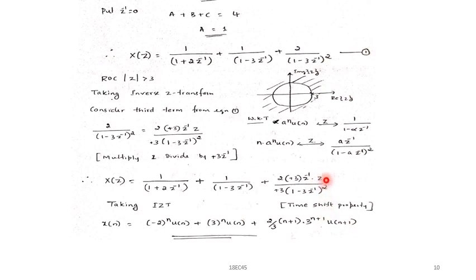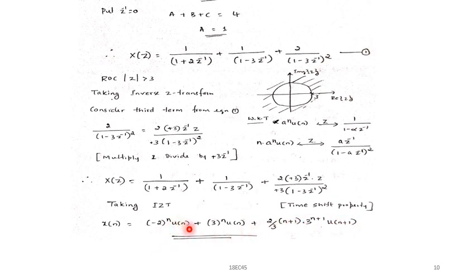Because of the time shifting property, I'll write it as n plus 1. Wherever n is there, I have to replace it by n plus 1. So n plus 1 into 3 to the power n plus 1, into u of n plus 1. This is my final answer.